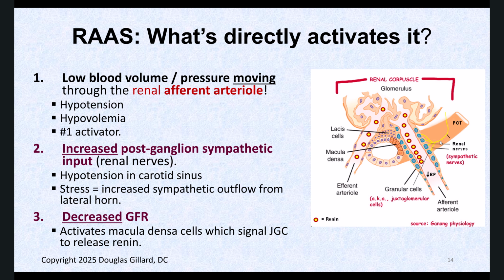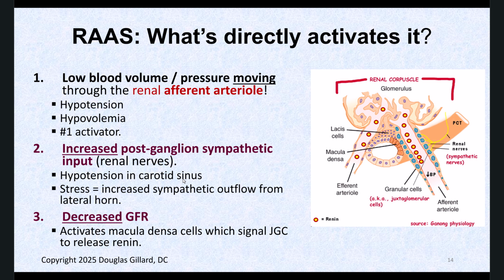That's a postganglionic sympathetic fiber, ultimately coming from the lateral horn of the spinal cord. And it plugs directly into these juxtaglomerular cells. And if you get a strong wave of action potentials coming down here, it can directly stimulate renin, even if the pressure is normal here. So sympathetics, postganglionic sympathetics, can also stimulate the release of renin.